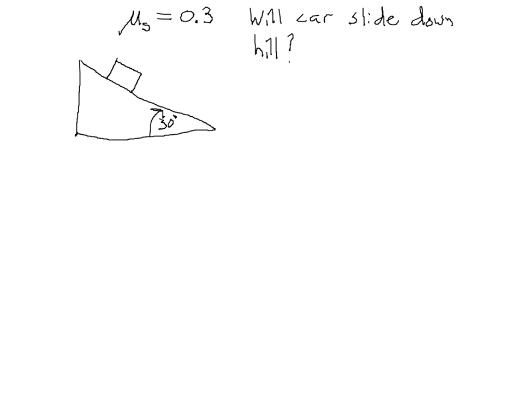Well, we approach this like we do all of our other free body diagram problems. Sketch the situation, read the problem, draw a free body diagram. Here's our car. Let's draw the forces that are acting on the car. I have gravity straight down. The normal force perpendicular to the plane.